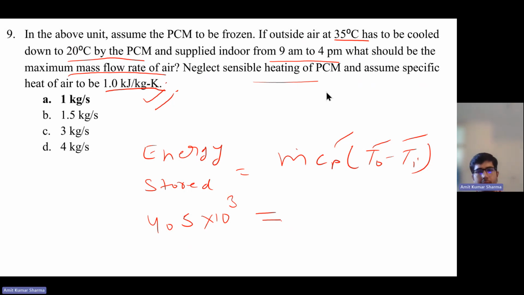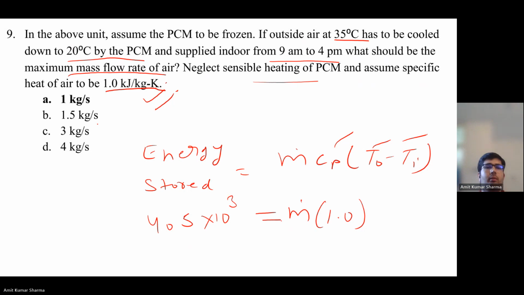You have to put in the data and you can find the answer. So we have to find the mass flow rate. Then Cp we have been given as 1.0 kilojoule per kg Kelvin.